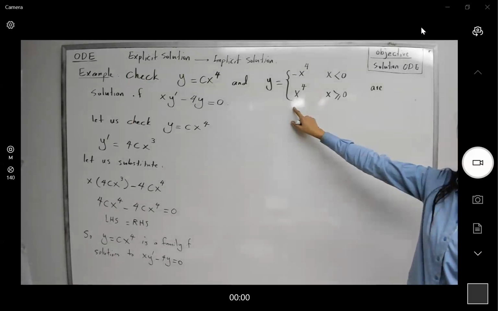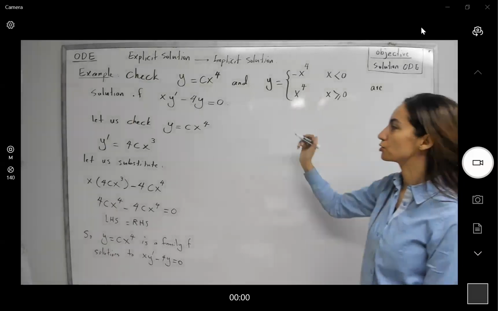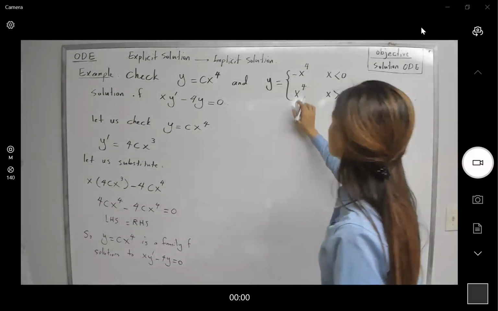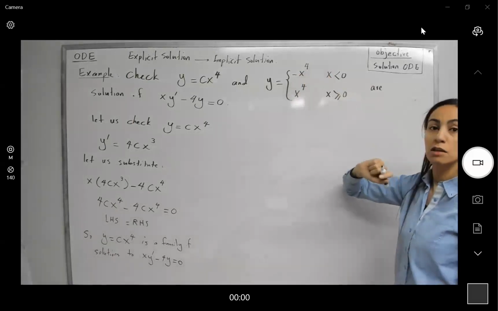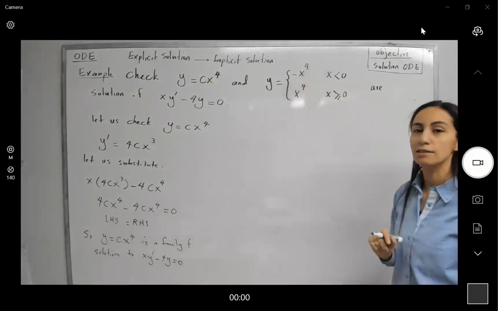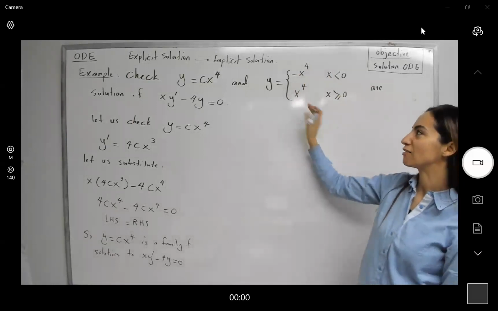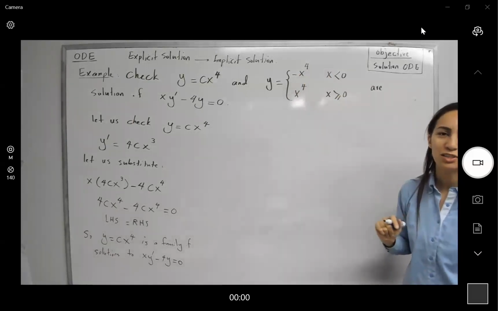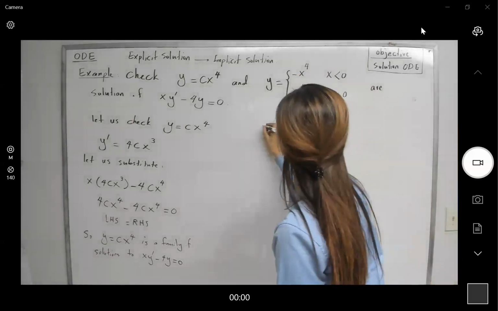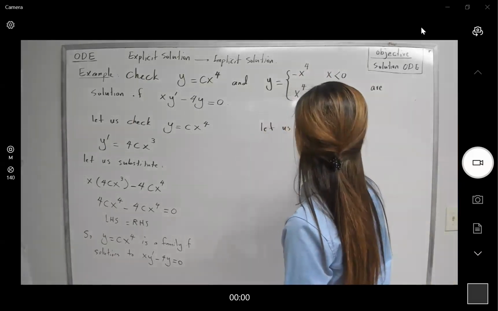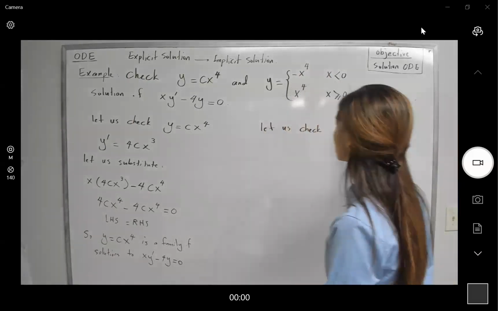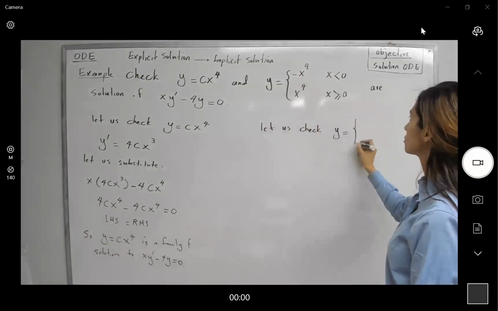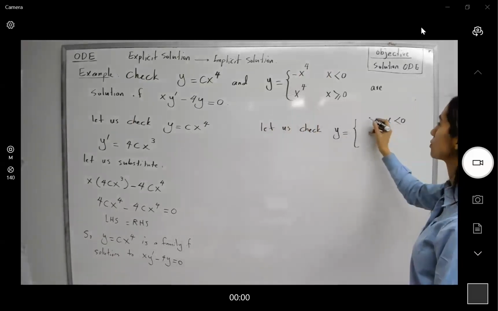Now let us check this particular solution. y is defined as negative x to the fourth if x is less than 0, and if x is 0 or positive, we have x to the fourth itself. So let us start taking the derivative. Let us check y equals this particular solution.